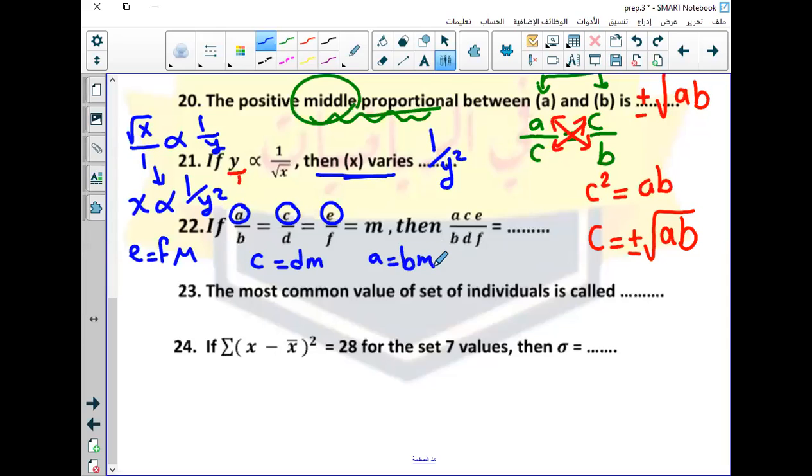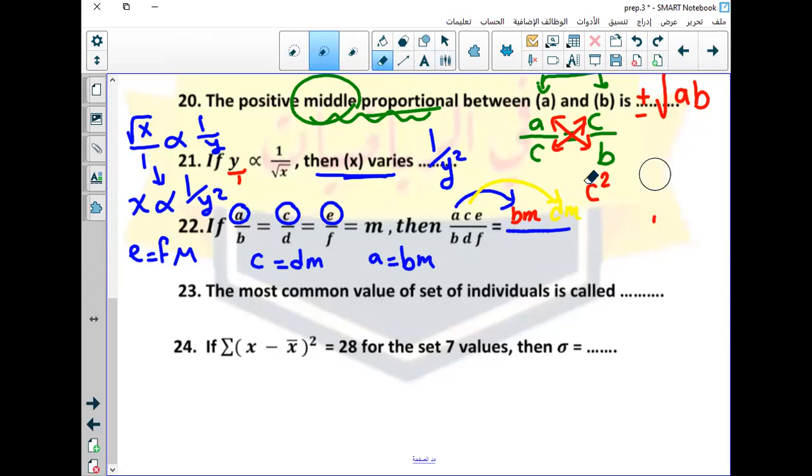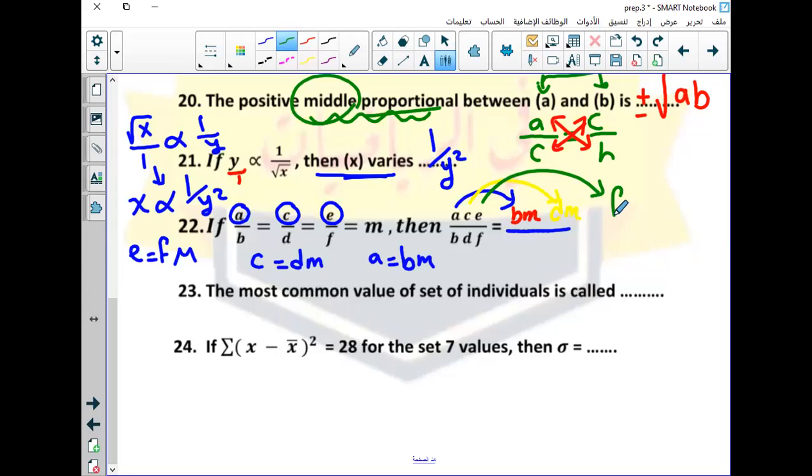Then the answer, ACE divided by BDF, will be equal, by substituting a with BM, c with DM, and e with FM, divided by BDF.